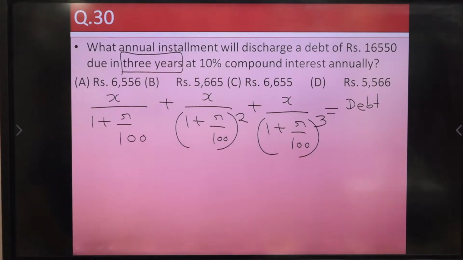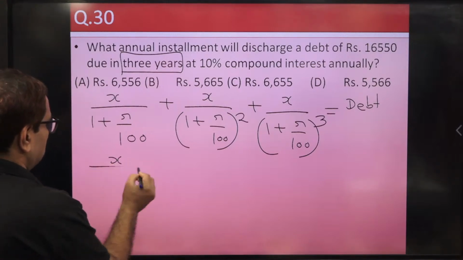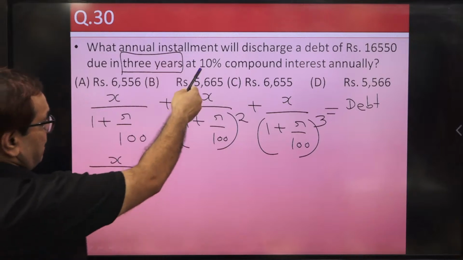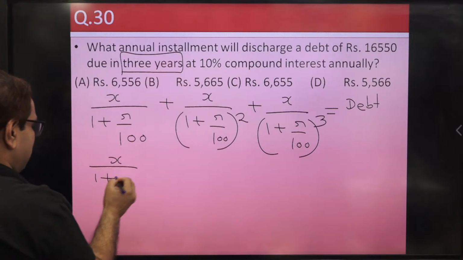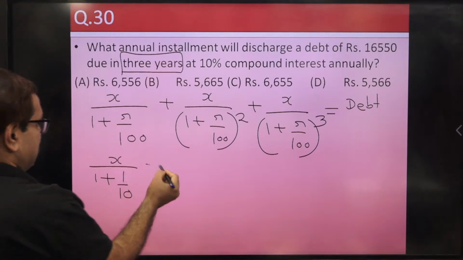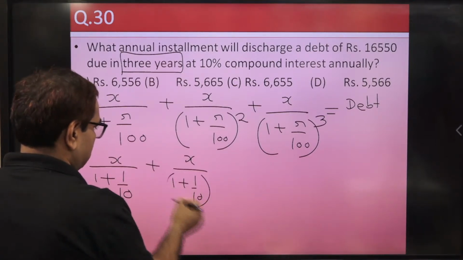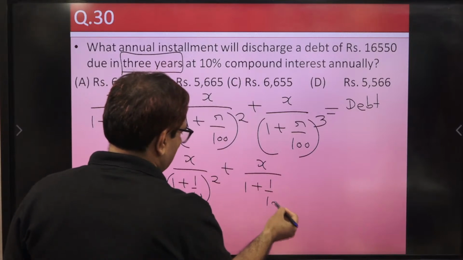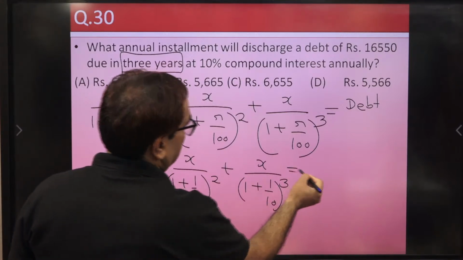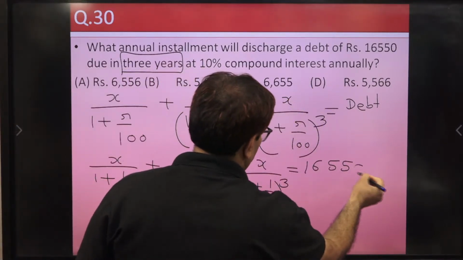Okay, compound interest rate. So by putting all the values here, what we get, x upon 1 plus, now rate of interest is 10, so r is 10, so 10 upon 100. 10 upon 100 means 1 by 10, so 1 by 10 plus x upon 1 plus 1 by 10 whole square, plus x upon 1 plus 1 by 10 whole cube, and this is equal to 16550.